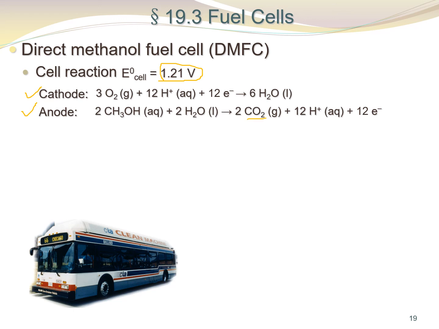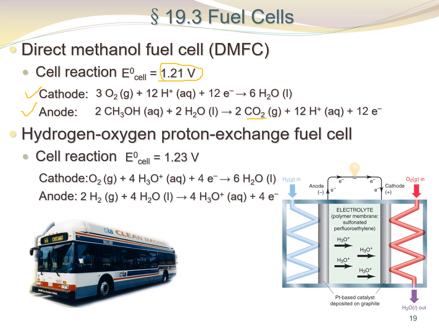That is the reason why this fuel cell is just for temporary purposes. Our goal is a hydrogen-oxygen proton exchange fuel cell. And as you can see, this is a cell that gives off 1.23 volts, almost the same.